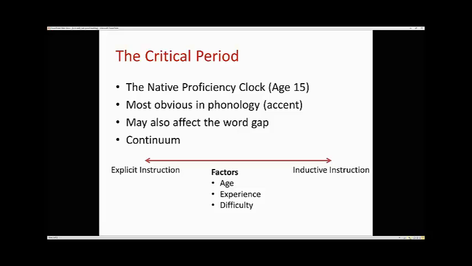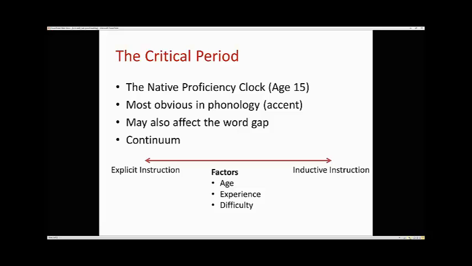Now, this continuum could change if we did more L1 instruction. Maybe your second language learners, if they share a common first language like Spanish or Portuguese or Greek, could spend more time in inductive instruction and really becoming independent learners at the same time that they're spending time in explicit instruction to get up to speed on the English they need for basic survival or for content area reading, content area learning.